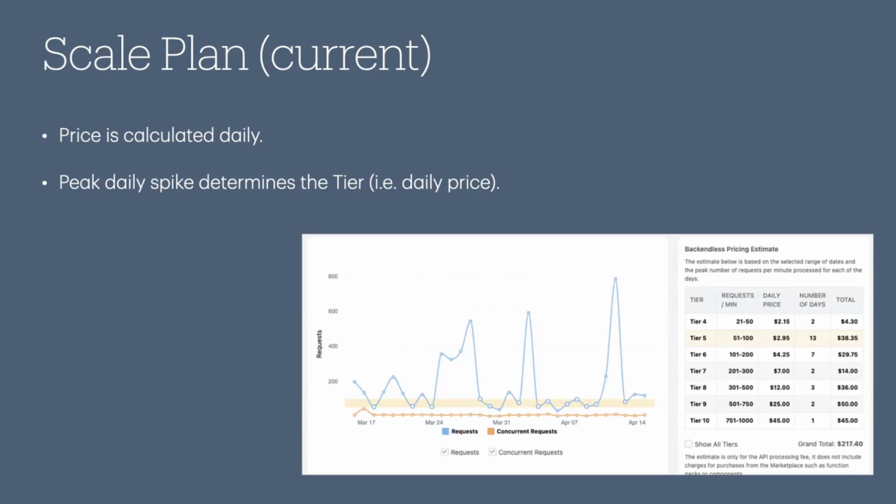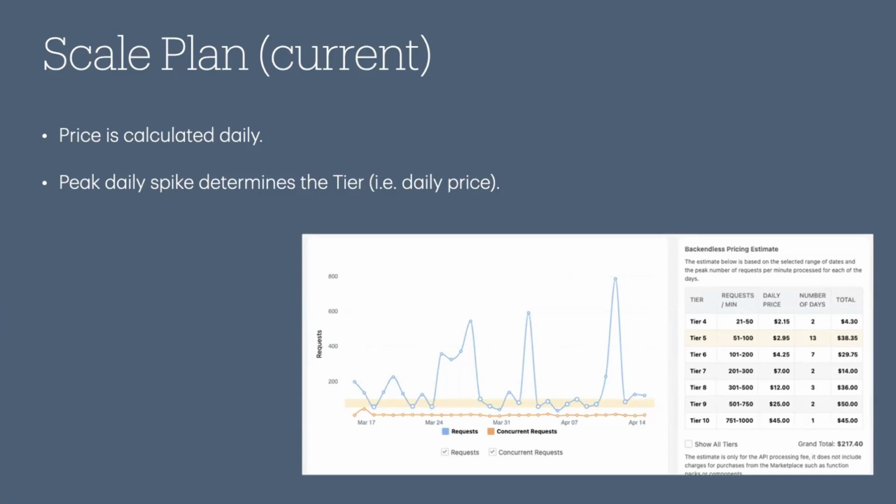And then at the end of the billing cycle, which is 30 days, we basically sum all the daily charges, and that becomes the monthly bill. So here, for illustration purposes, and I will use this chart throughout the presentation, this shows a usage of an application over 30 days where these tiers were engaged, and it shows how many days were spent in each individual tier, and then you get the grand total for the usage of that application.